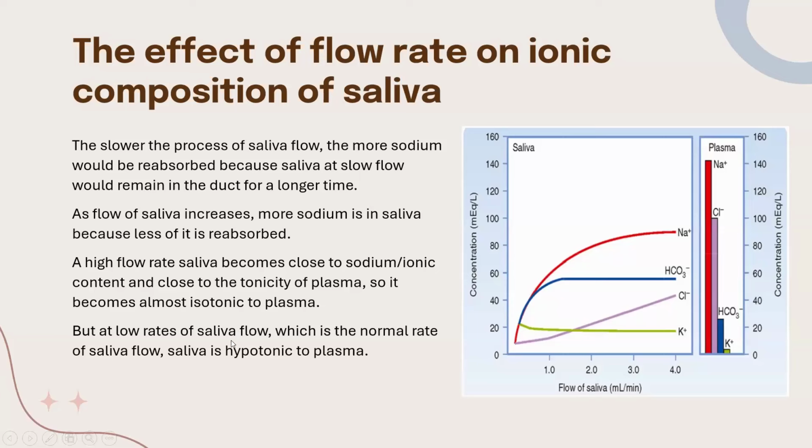But at low rates of saliva flow, which is the normal rate, we humans have a slow flow of saliva, which is normal for us. And that's why saliva is hypotonic, because more sodium is reabsorbed. So we're left with less sodium in the saliva, which makes our saliva hypotonic.